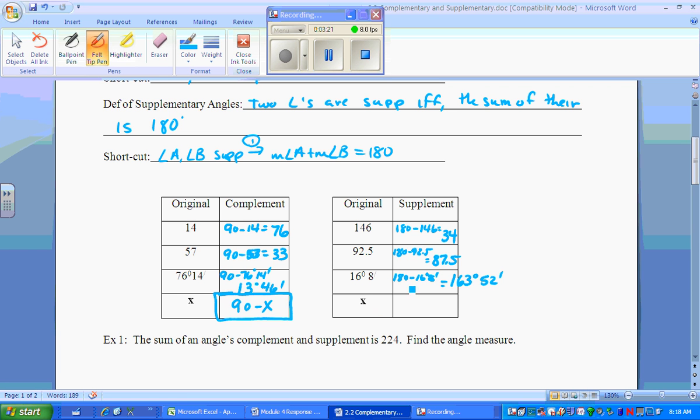And the same idea, if the original is x, supplement is 180 minus x. So this is the supplement to the original angle being x.